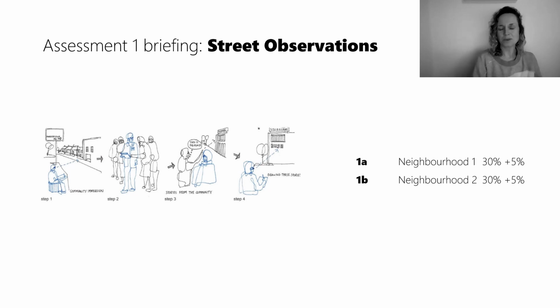Assessment 1A will be following this process in Neighbourhood 1, and that will be either in Sydney or in Phnom Penh. And then Assessment 1B will be following the same street observations process all together in Phnom Penh.